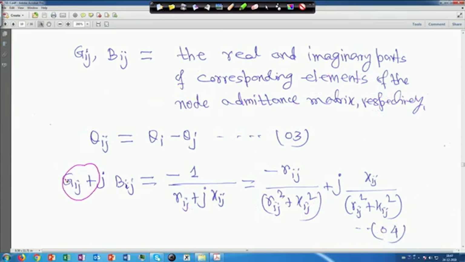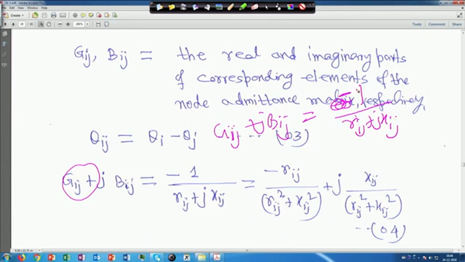In that case we write G_ij + jB_ij equal to minus 1 upon R_ij + jX_ij; keeping it minus does not matter. Now, as r is neglected, r should not be there here.